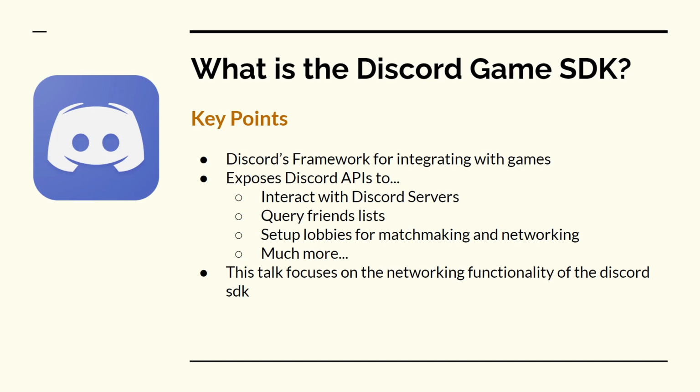This could be anything from sending messages on a user's account, since it natively integrates with the user's client, to checking their friends list. You can even stream voices over the Discord server if you'd like. There's a lot to cover here. If you'd like to see more of what Discord has to offer, I would go check out the documentation. I'm not going to list all of them, just the things relevant to game networking.